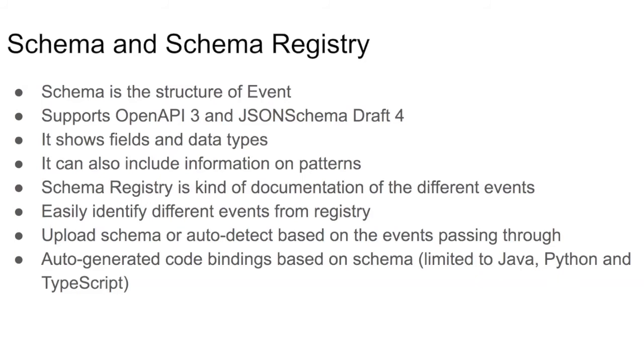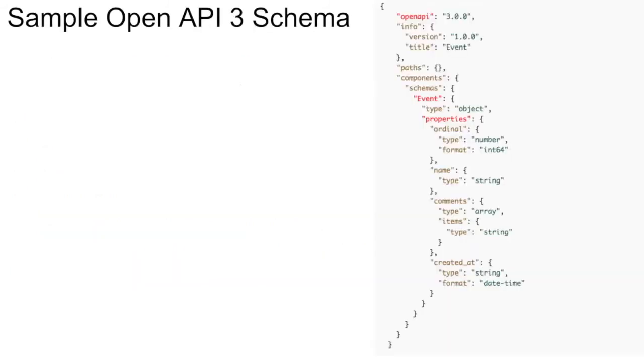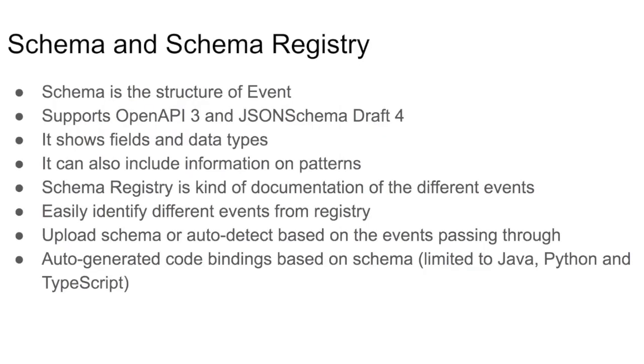So schema is the structure of the event, and schema registry is a feature in which you can see all the events that AWS has, your partner has, or even your custom application has. This is a sample; they follow the OpenAPI 3 specification and JSON Schema draft 4.